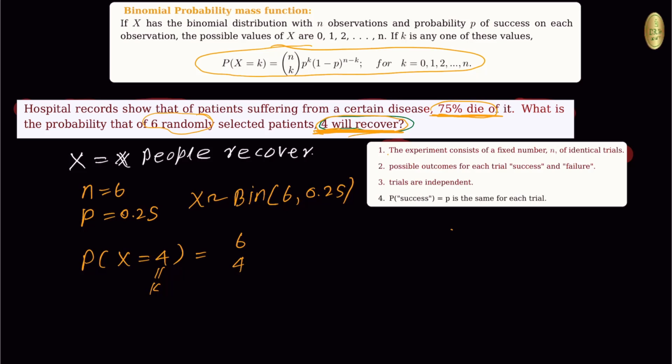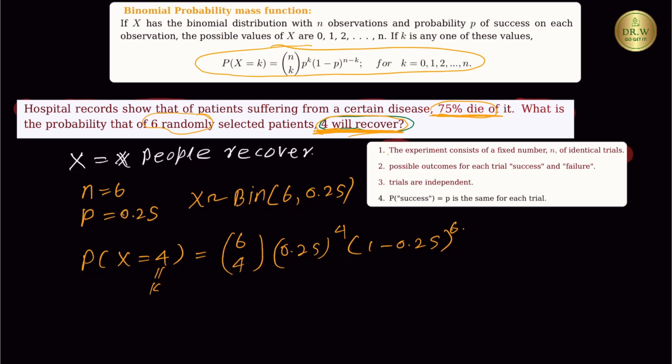K equal 4: 6 choose 4, then p equal 0.25 to the power k equal 4, 1 minus 0.25 to the power n equal 6 minus 4, n minus k. Again, understand what the X values are. What are the k values it can take for this example? N equals 6, therefore X can take 0, 1 to 6.